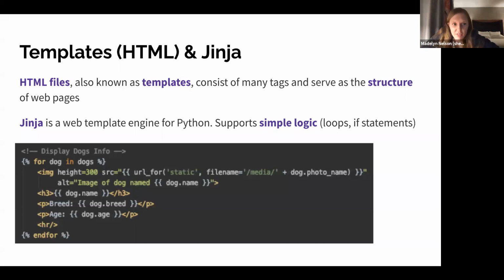So let's look at the screenshot that I have here. Display dogs info. Okay, probably displays dogs info. As you can see, if you're familiar with HTML already, there are some components of this that are just like normal HTML, right? We see some tags. We have a nice image tag here. That's probably an image of our dog, knowing what demo code we already looked at. We have a height set. We have this kind of weird stuff going on here.